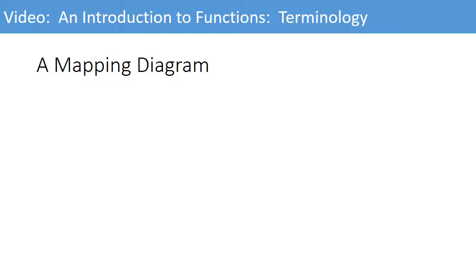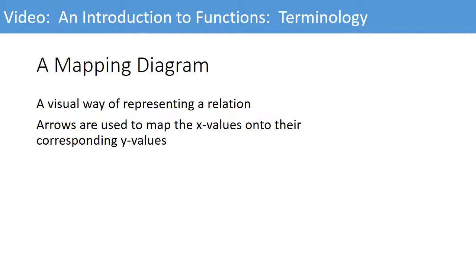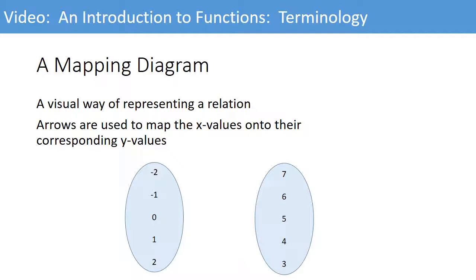A mapping diagram can also be used to visually determine whether a relation is a function. Arrows are used to map the x values onto their corresponding y values. Here is an example. These are my possible x values. Here are my possible y values.